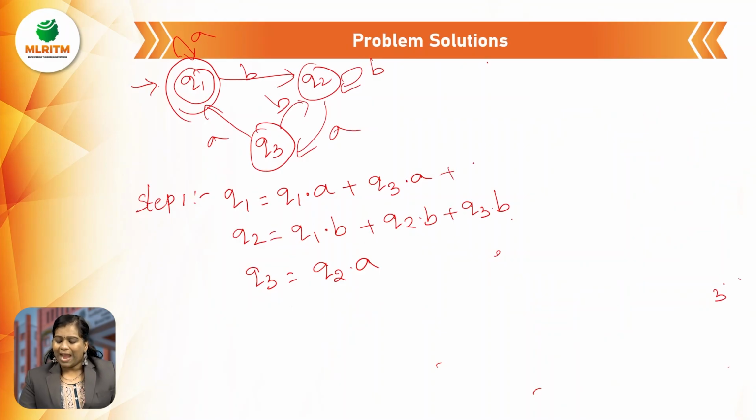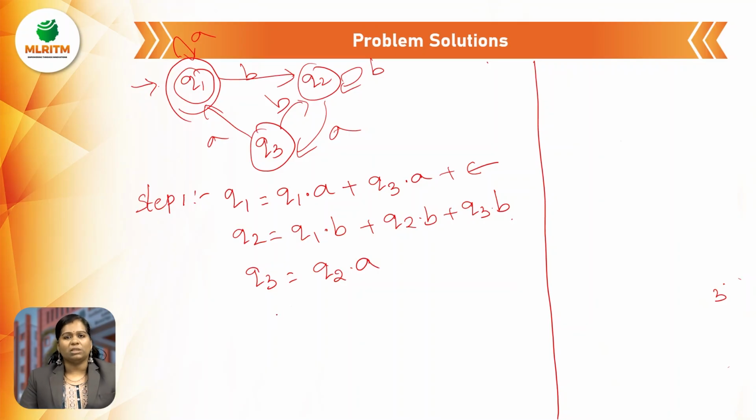Second step is add epsilon to the initial state. Now, for step 3, we need to convert or simplify the equations by using Arden's theorem.